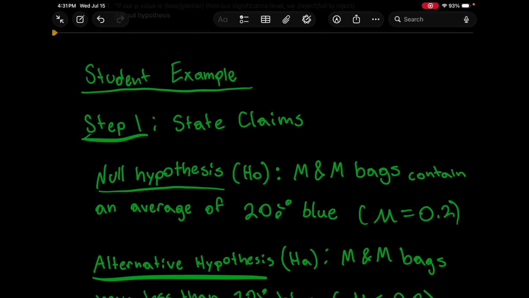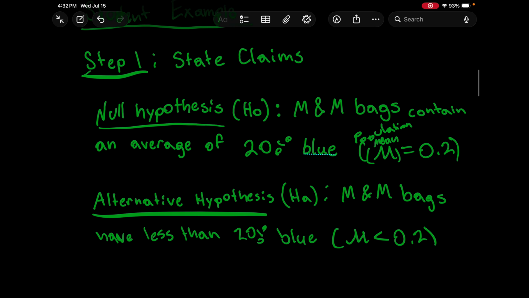So that would mean our population mean, or mu, is 0.2 or 20%. And our alternative hypothesis, our hunch that we want to check, is that M&M bags have less than 20% blue.